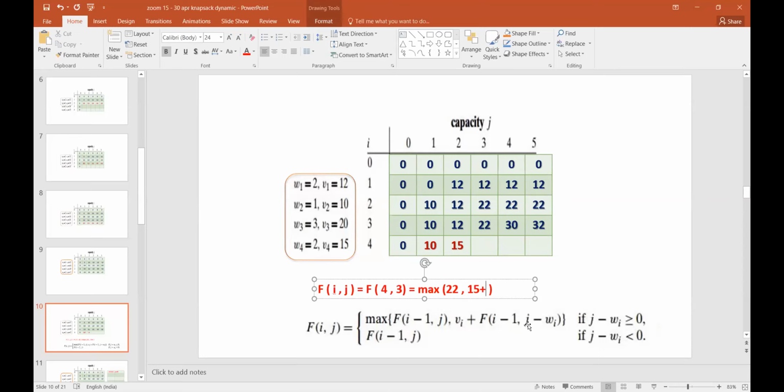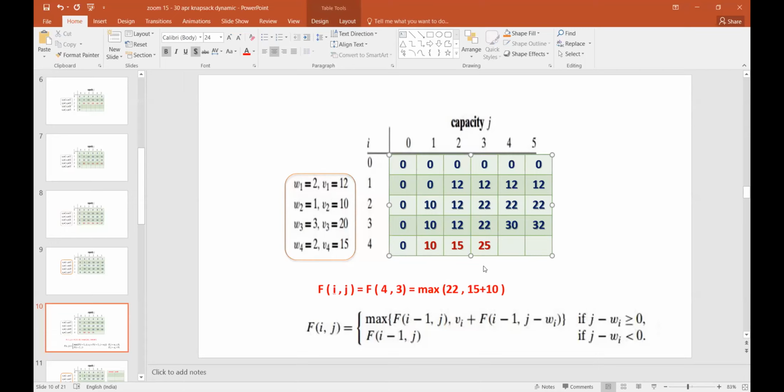Now what is J? It is 3. What is weight of I? It is same, it is 2. So 3 minus 2 it is 1. So 3 comma 1. F of 3 comma 1, what is there? 10. So 15 plus 10. Which is maximum now? 22 is maximum or 15 plus 10? 25 is maximum. So I will take 25 here.